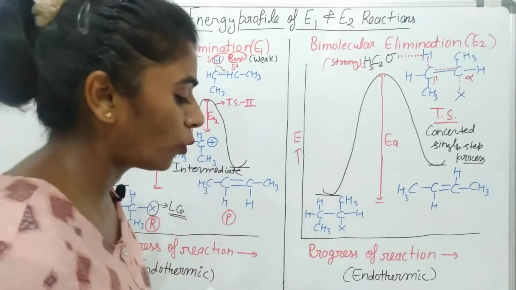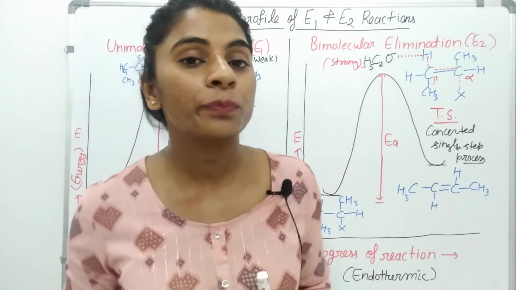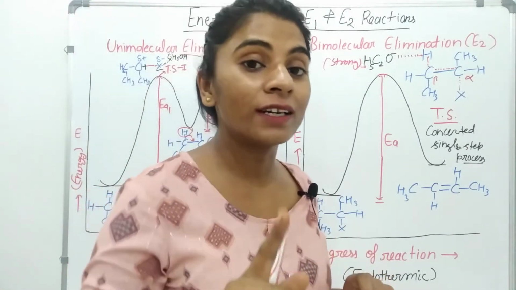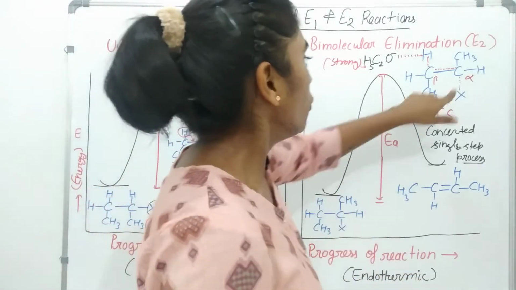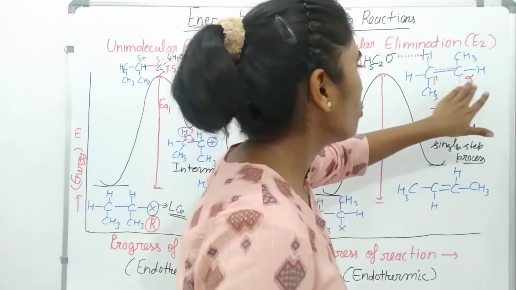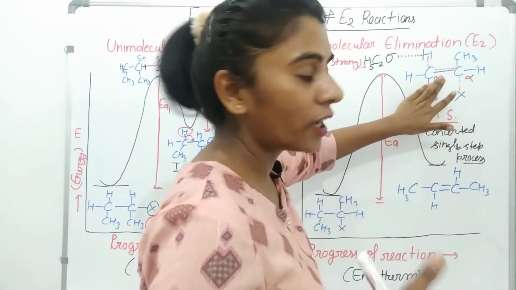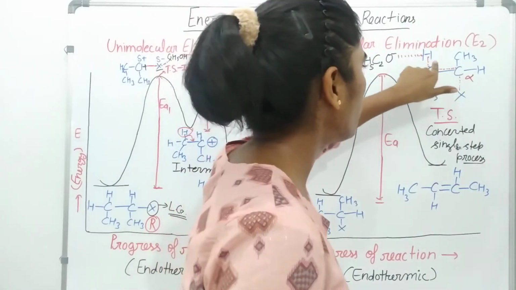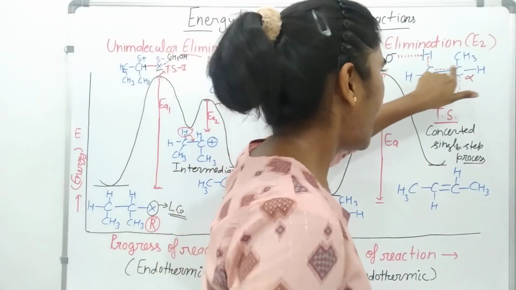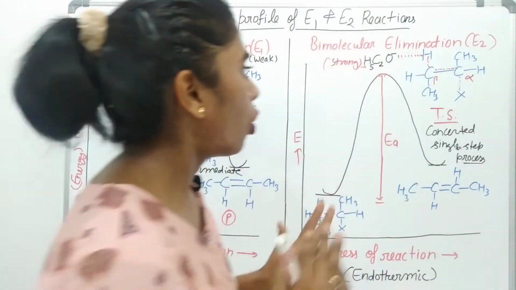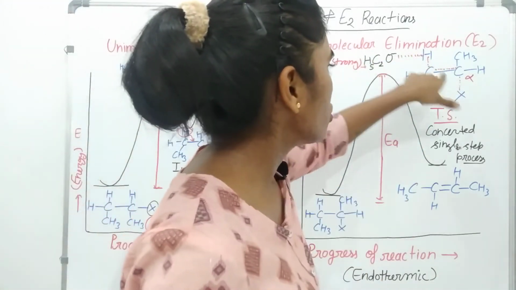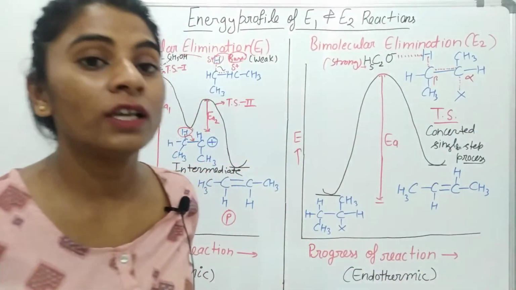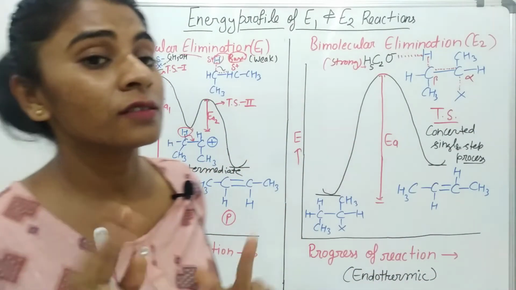Why is it known as the concerted single step process? Because in only one step, one atom is going to leave the site, another atom is also going to leave the site, and the formation of a pi bond is going to happen in this process. Means the formation of the bond and the breaking of the bond are happening only in a single step.